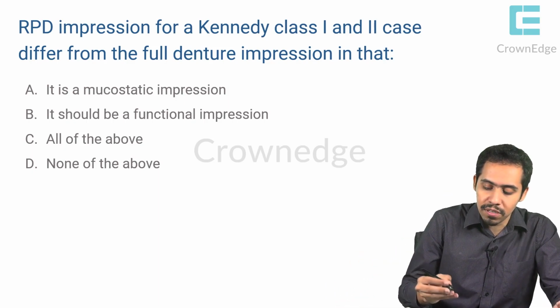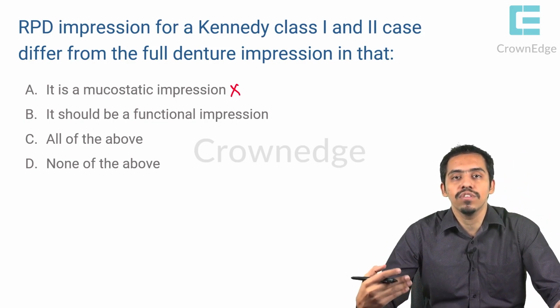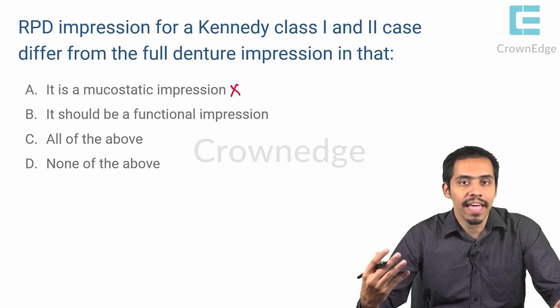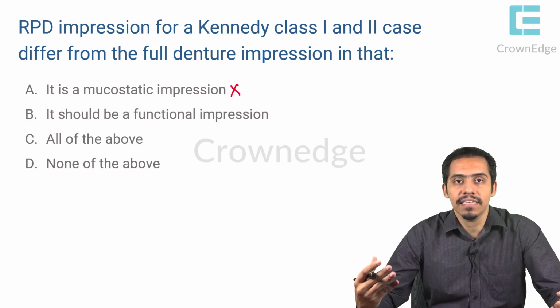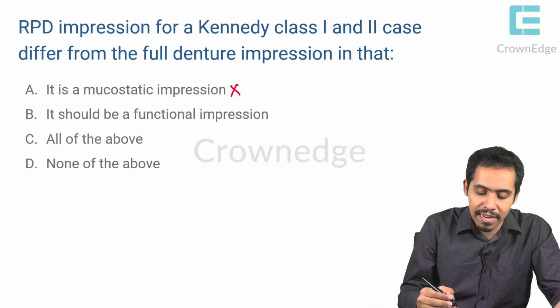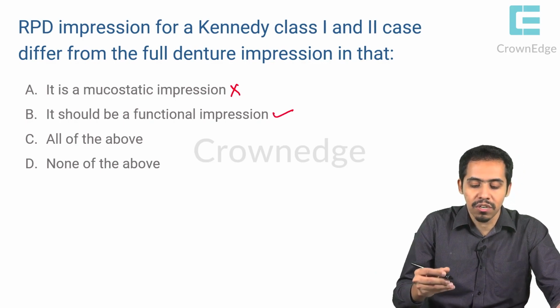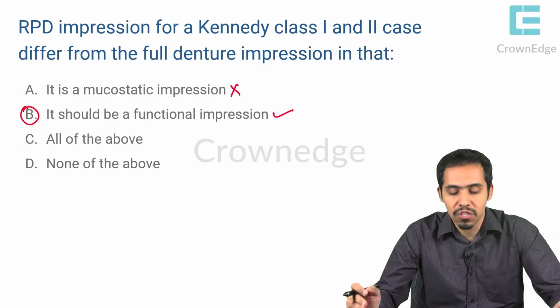It is not a mucostatic. So the first option is incorrect, because mucostatic means we're recording all the tissues at rest. We are not putting any kind of forces on them, which is incorrect, so we have to make it a functional impression, a physiological impression. That is what option B signifies, that it should be a functional impression. So that would be a perfect choice for this question.